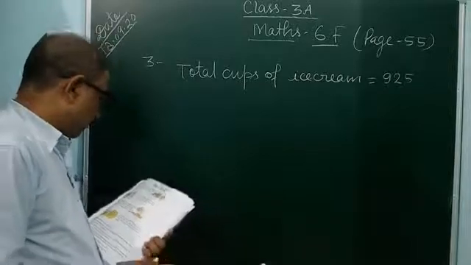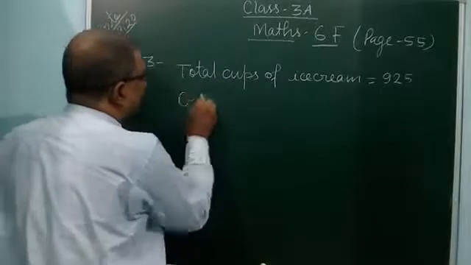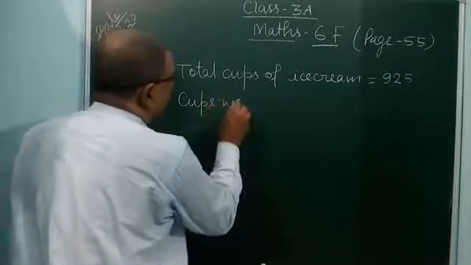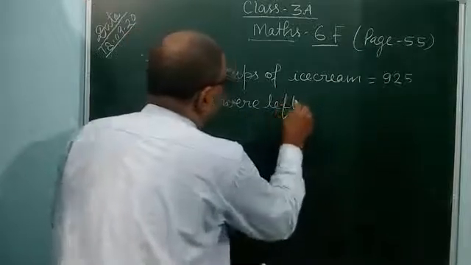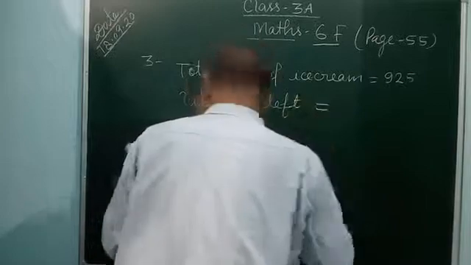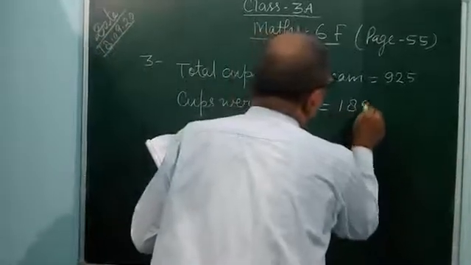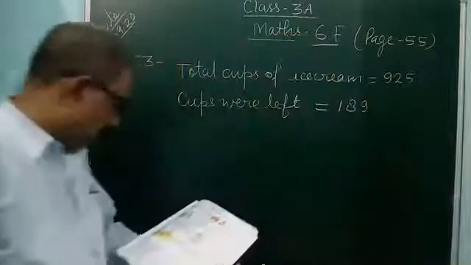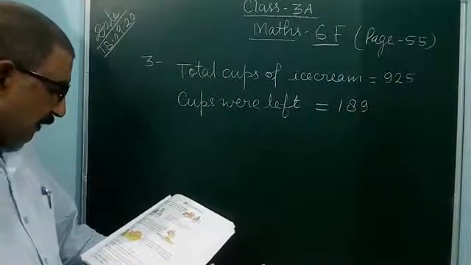Cups left is equal to 189. After that, how many cups of ice cream did the guests have?